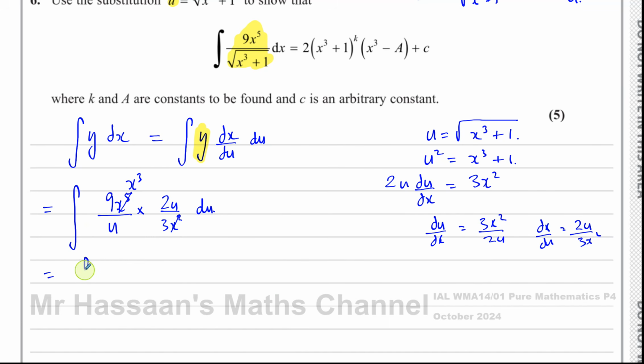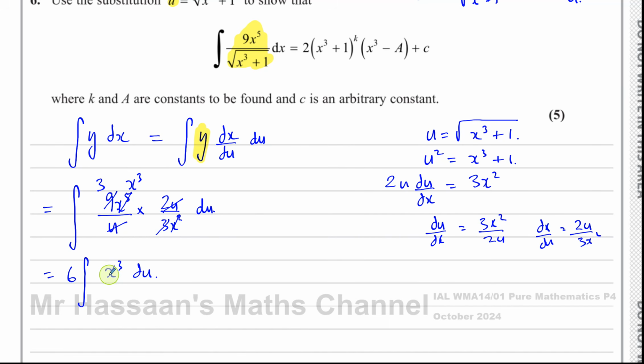Now I can take the 3, the 2 and the 9: the 3 cancels into the 9 to give 3, so I have 3 times 2, which is 6. These u's cancel out as well. So I'm left with 6 times the integral of x cubed du.